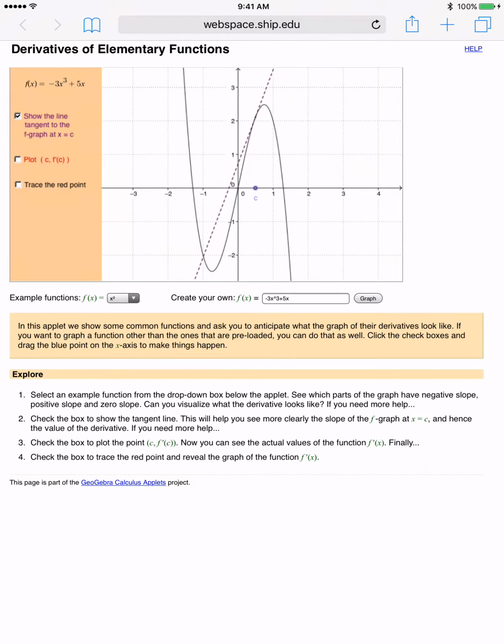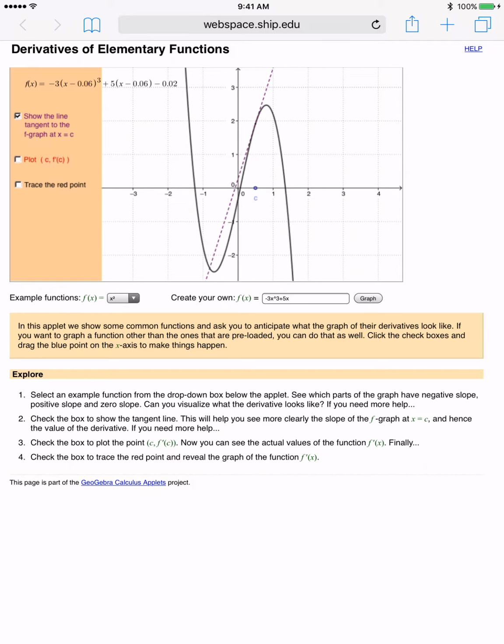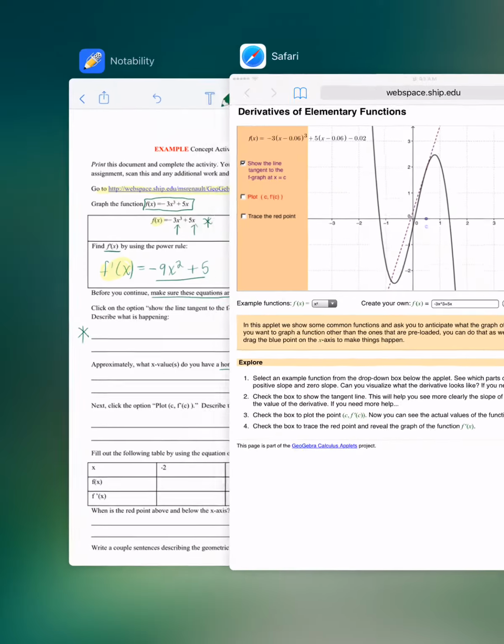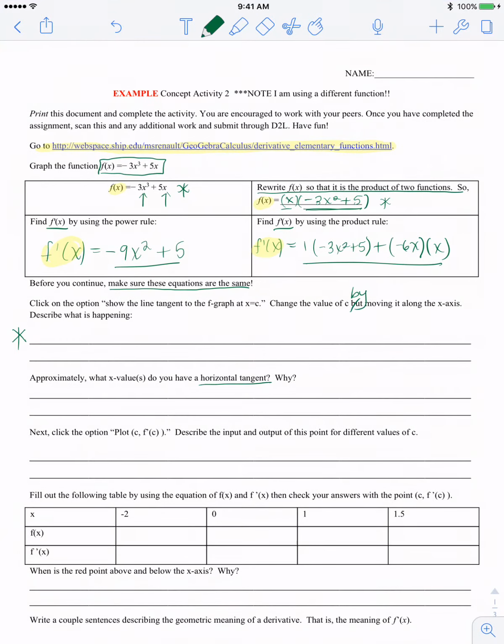Your function might have different x values, or c, for which you have a horizontal tangent. So then you'll explain where your horizontal tangents are.